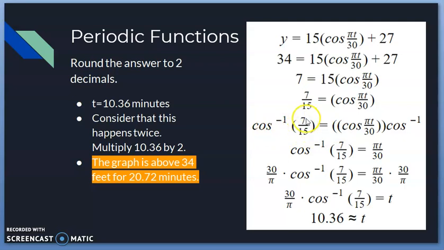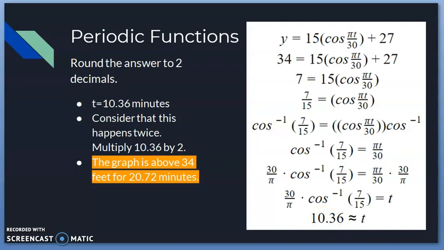So inverse cosine of 7/15, these cancel out. We have πt/30. Then we're going to multiply each side by the inverse, 30/π. So (30/π) times inverse cosine of 7/15 equals t, and that's about 10.36 minutes.